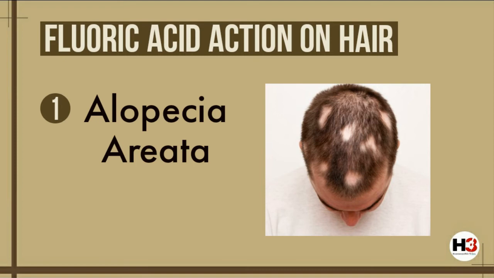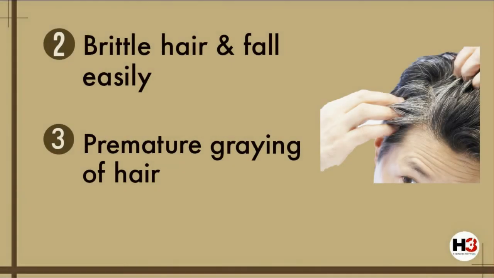Fluoric acid is a very good remedy for alopecia areata, a condition in which people get baldness in patches, as shown in the picture beside. The hair of a fluoric acid person is very brittle and falls very easily, and the new hair that comes up is very dry and breaks easily. Fluoric acid is a topmost remedy for premature graying of hair. Along with fluoric acid, we also have lycopodium, which has this same symptom.